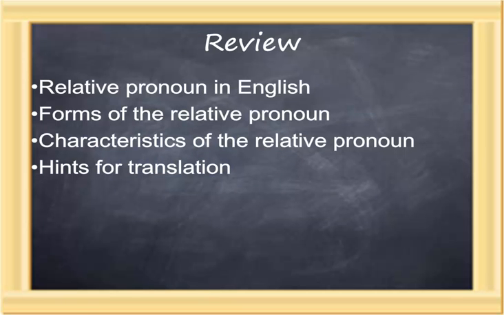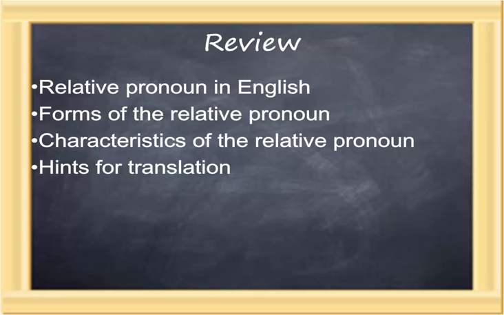So, in this lesson, we've talked about how relative pronouns and their clauses function in English. We've looked at the forms of the relative pronoun, very much like the definite article, except they all have a rough breathing mark, no taus, and they all have an accent.